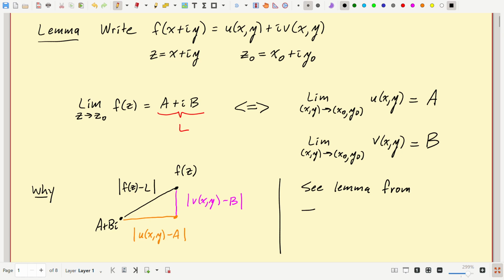So this direction is due to the fact that legs of a right triangle are less than or equal to the hypotenuse. And the other direction is the Pythagorean theorem, because if both those legs go to 0, then the hypotenuse goes to 0. So that's all there is to that. Questions about that?